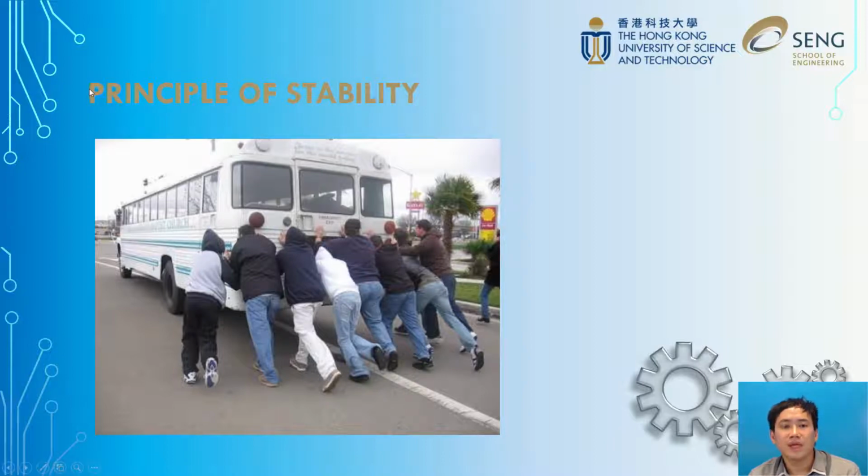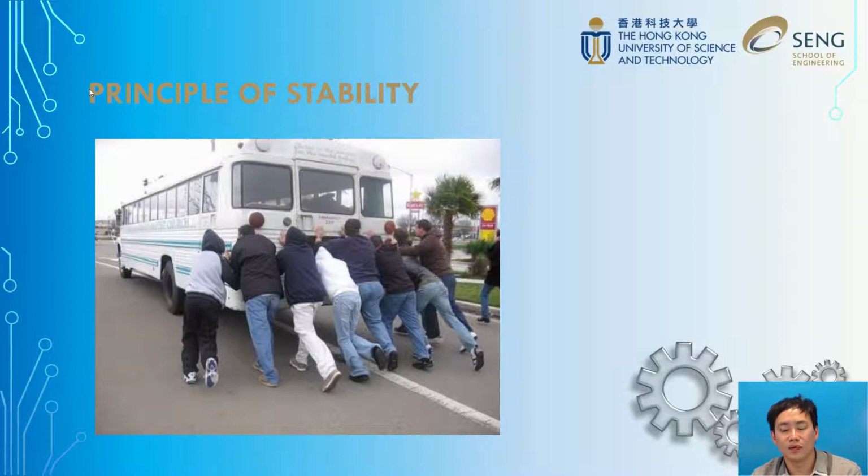So bear in mind that, as I mentioned, in a mechanical system, it's always beneficial to achieve a stable equilibrium condition. But it's not always true. It depends on the purpose.